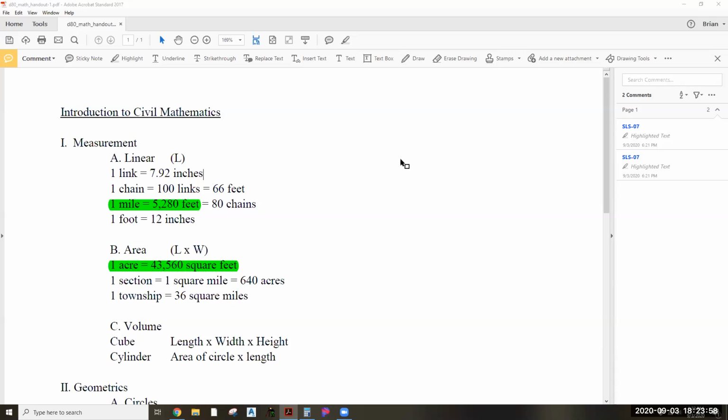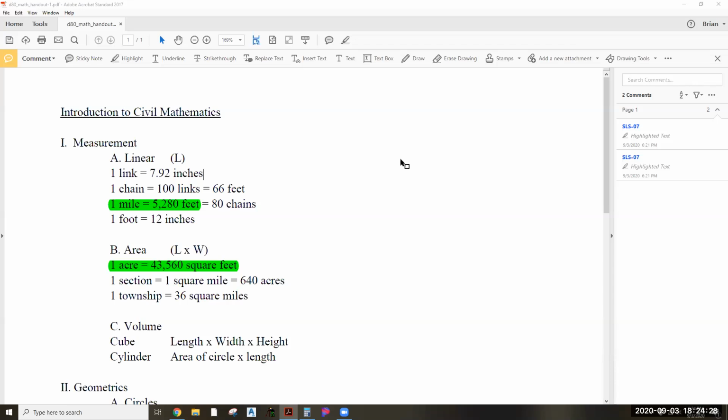So yes, links are not used anymore. Chains are not used anymore. Okay, we all use digital technology now. Digital and GPS. GPS is digital, but that's another form, okay? But if you get into civil and you have to draw old maps from the 1800s or around the turn of the century, which exist, a lot of, or I would say all of them are in chains.